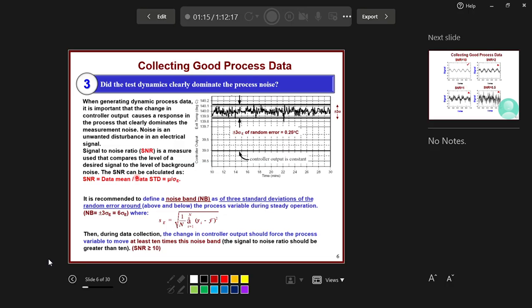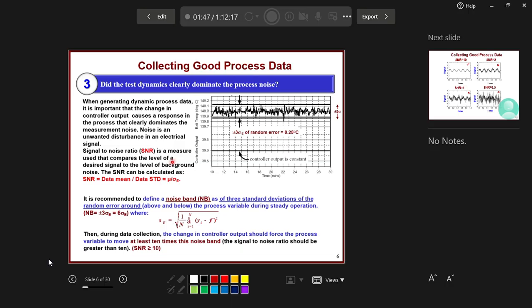In dealing with signals, it is always good to define what's called the signal to noise ratio, or SNR. And this is a ratio, a dimensionless number, which measures the level of comparison between the signal to the level of noise surrounding it. The SNR is defined as the data mean divided by the data standard deviation.